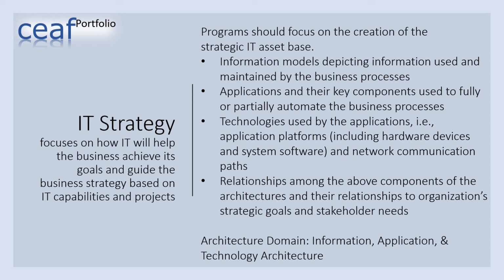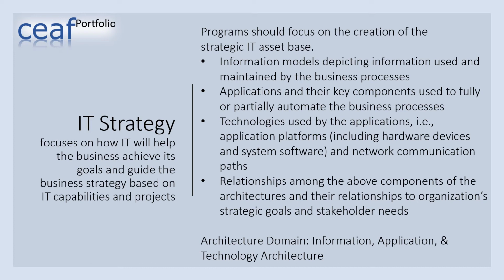It's intended to contain IT-relevant information describing information models that depict information used and maintained by business processes, applications and their key components used to fully or partially automate the business processes, technologies used by the applications, application platforms including hardware devices and system software, and the networks that provide communication paths.